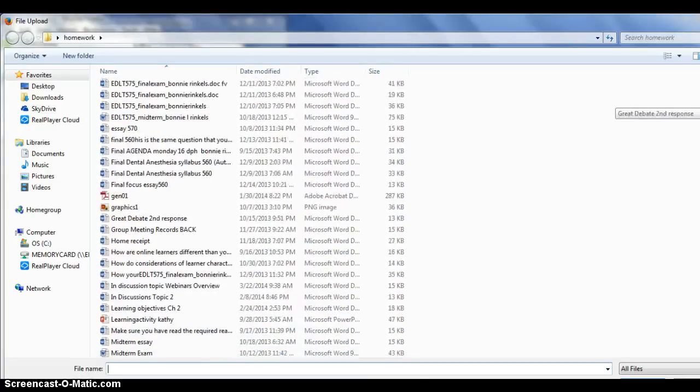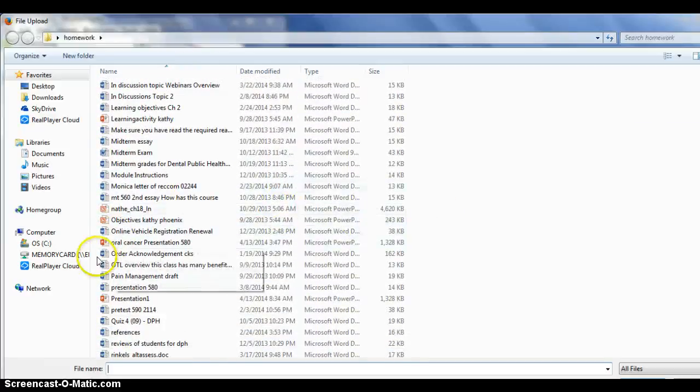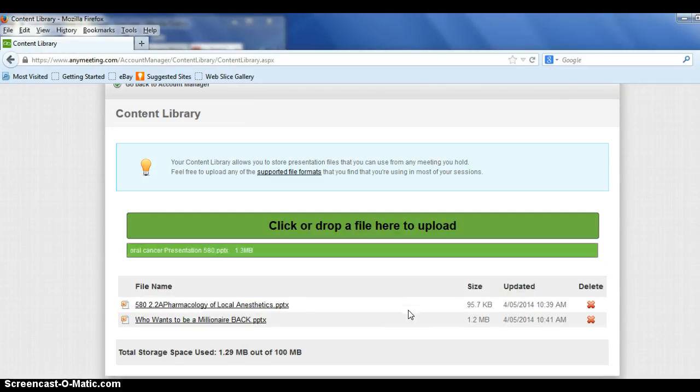I'm looking for my file that I just did. It's oral cancer presentation 580. It's loading right here. Okay. And it's loaded.